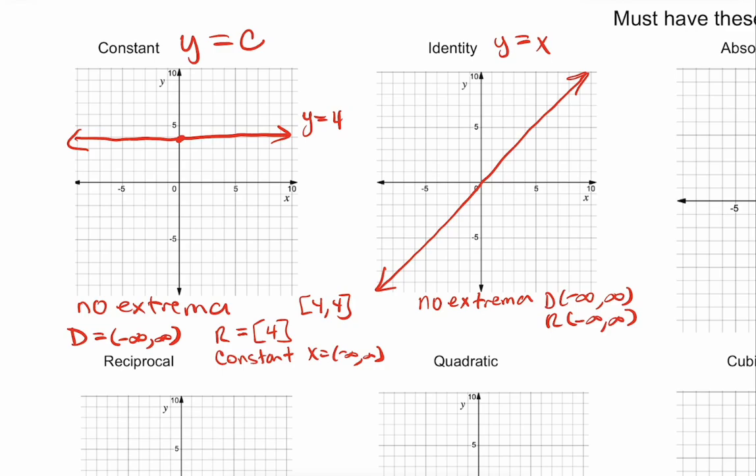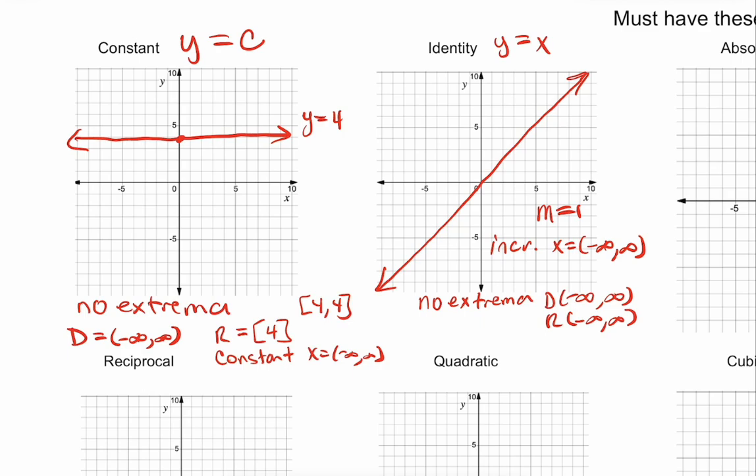If the slope is positive, it's going to end up being an increasing function. If the slope is negative, it's going to end up being a decreasing function. So here the slope of this line is 1. So it is increasing along its entire domain, from an x value of negative infinity to positive infinity.